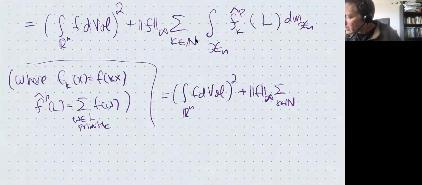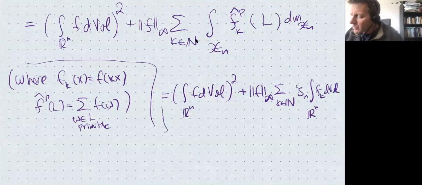So this is zeta n times the integral over Rn of fk. So this is something that we called Ziegler summation formula number 1.